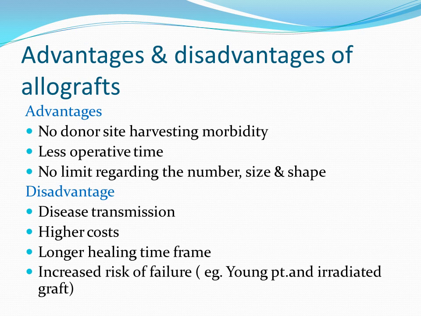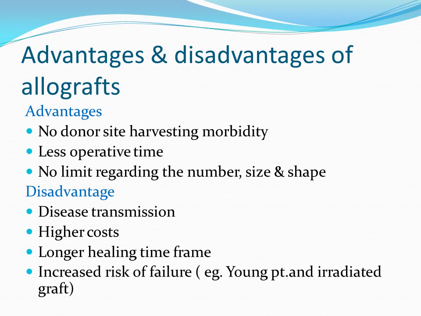Let us see the advantages and disadvantages of allografts. The advantages are that there is no donor site harvesting morbidity. Definitely there is less operative time because the harvesting time is not there. There is no limit regarding number, size and shape.